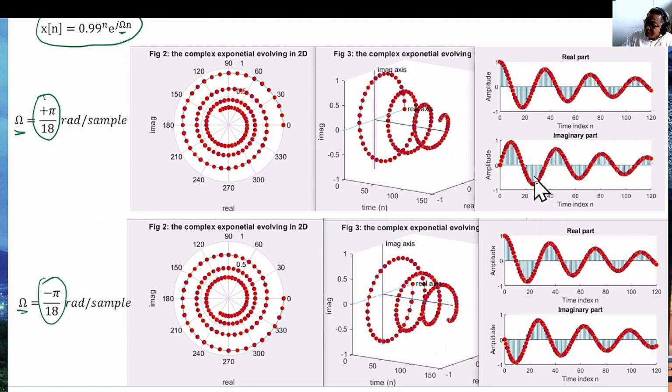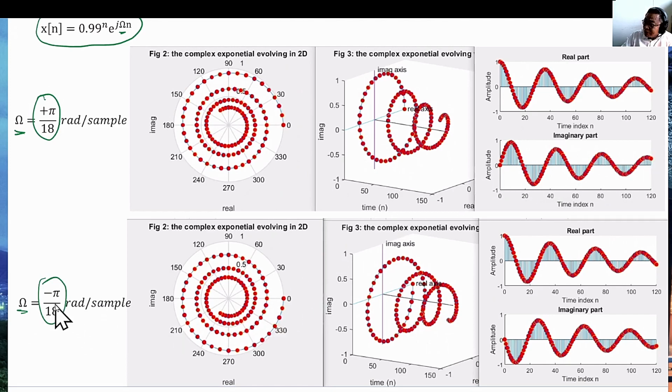The key difference between these two is the sign of the imaginary part. The cosine is coming down because it's 0.99 to the power of n. Here, we are at positive radian per sample. As time is increasing, we are producing the sinusoid, but it is becoming smaller and smaller.